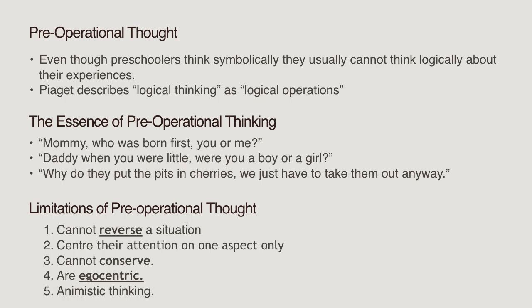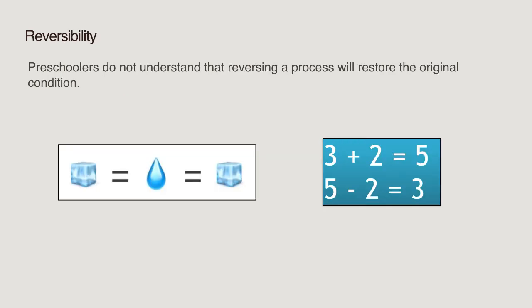Some of the limitations of pre-operational thought are that children cannot reverse a situation. They also center their attention on only one aspect or one thing. They cannot conserve. They are egocentric, and they have animistic thinking. For reversibility, this is the idea that preschoolers cannot understand that reversing a process will restore the original condition.